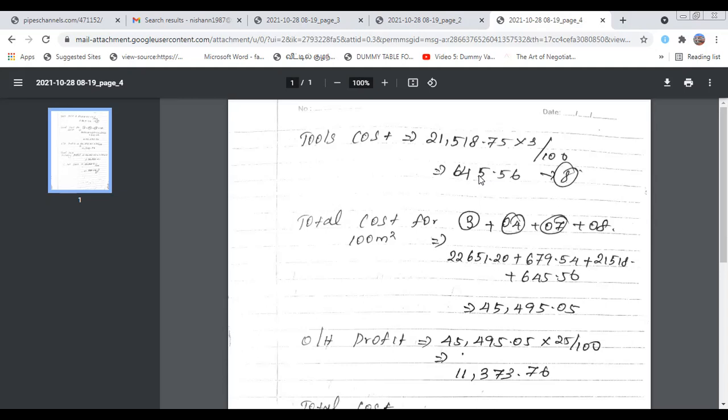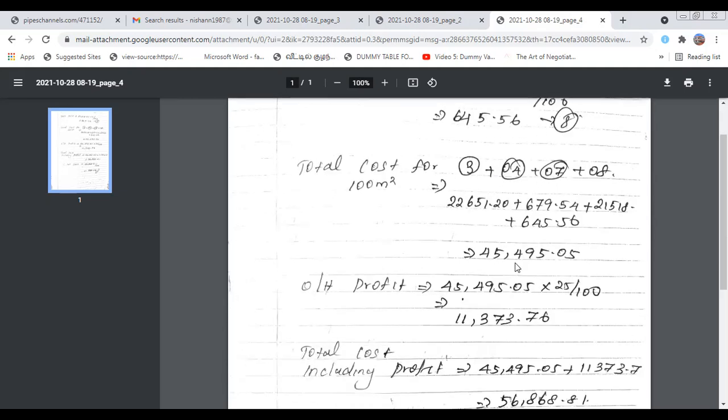Total material cost 22,651 rupees 20 cents, transport cost 679 rupees 54 cents, total labor cost 21,518 rupees 75 cents, plus tools cost 645 rupees 56. Total for 100 meters square: 45,495 rupees 5 cents.